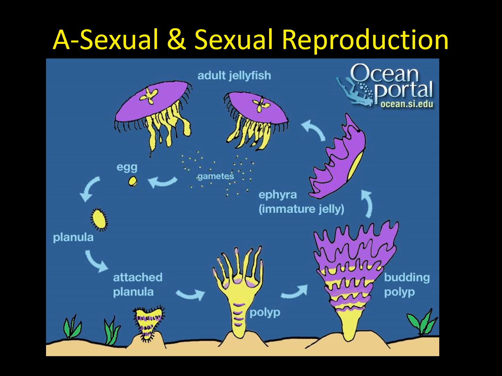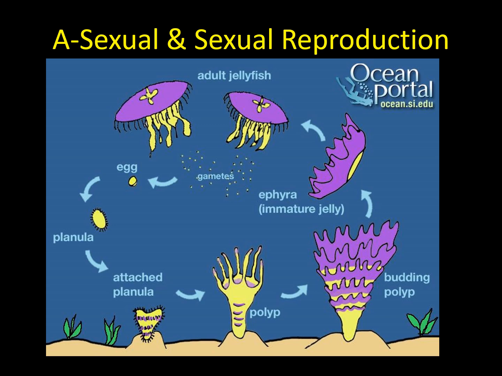Now looking at the reproduction cycle, the life cycle of a jellyfish, we start with the egg over here on the left-hand side. The egg, because it's been fertilized, then develops into a planula. This planula attaches to the bottom of the ocean or onto a rock or a piece of coral, and it begins to grow. As the planula grows, it forms the polyp, the truffula tree looking thing.